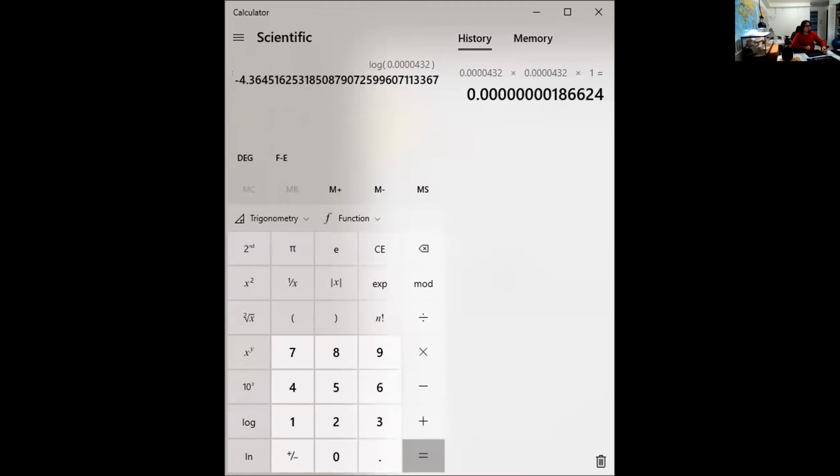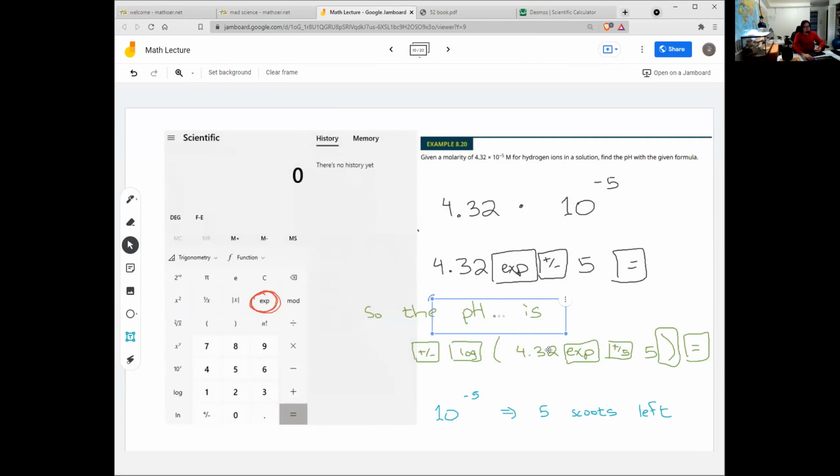So to take the negative of it is just 4.36. Let me grab that and put it back on our Jamboard. Okay, I sincerely hope you have a better calculator than the Windows 10 basic calculator. If not, we know what works.